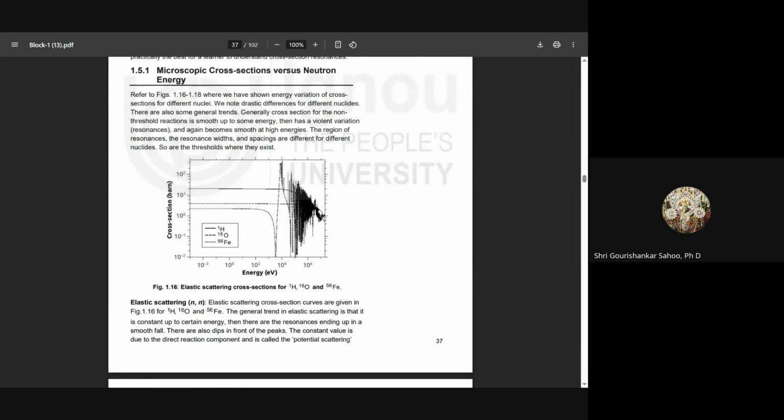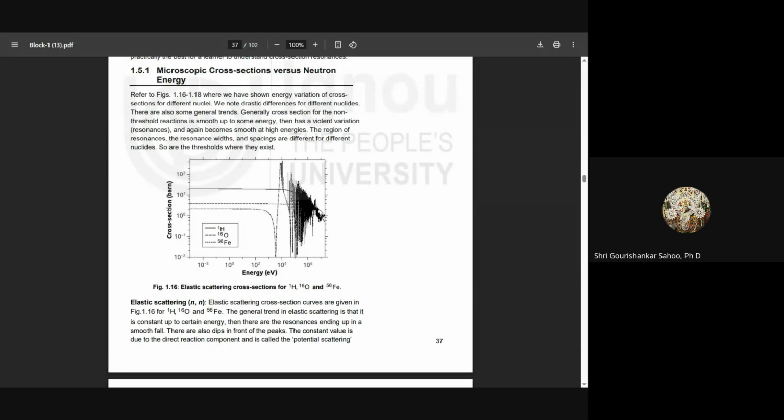And you can have the cross section versus energy graph, where you can see the energy variation of cross sections for different nuclei, and there are drastic differences for different nuclides. There are also some general trends. Generally, the cross section for a non-threshold reaction is smooth up to some energy, then has a violent variation or resonances, and again becomes smooth at high energies.